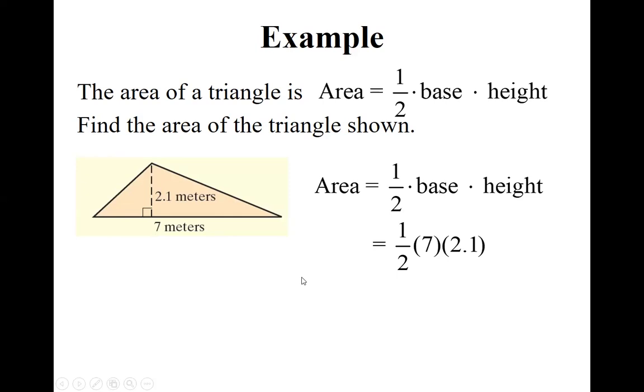And since this is area, our answer is going to be in square meters, because at some point we're doing meters times meters, base times height. Well, just like comparing, we want to turn the fraction into a decimal so that everything's the same. So 1/2 becomes 0.5, and then 0.5 times 7 is 3.5, and then 3.5 times 2.1 is 7.35 square meters.